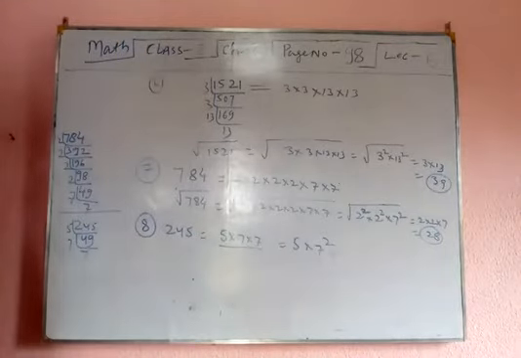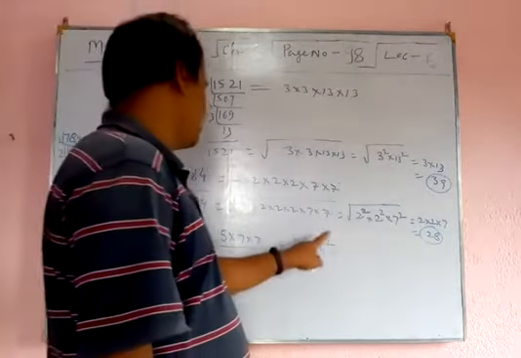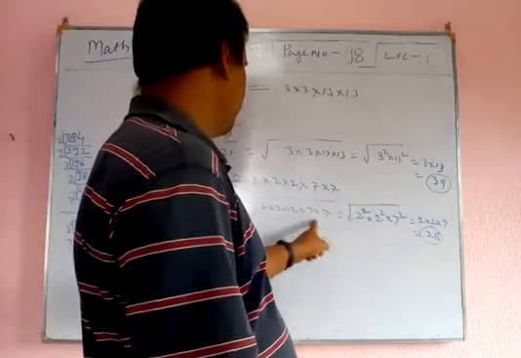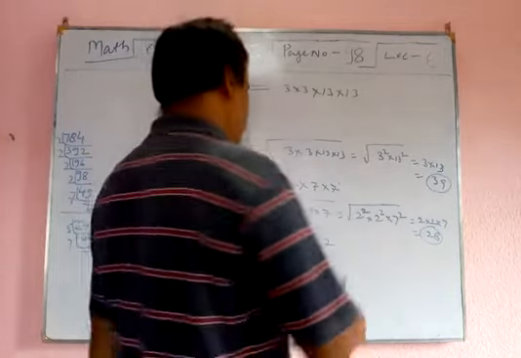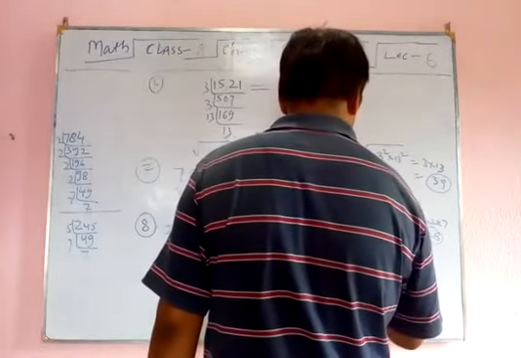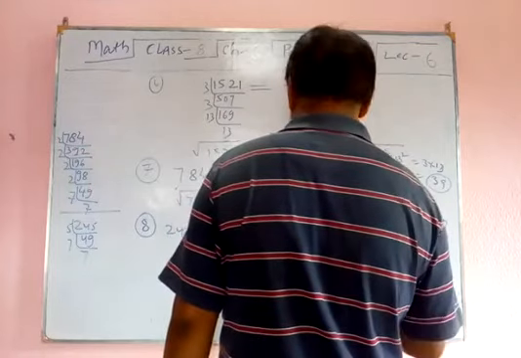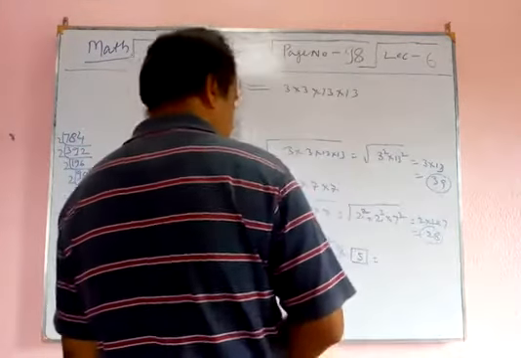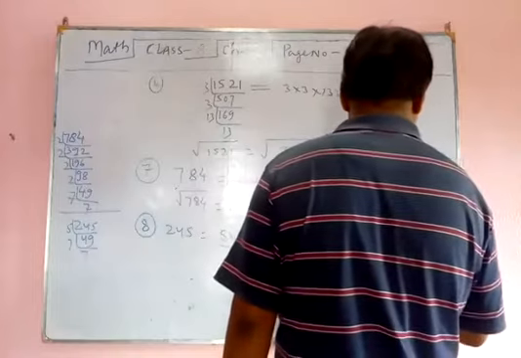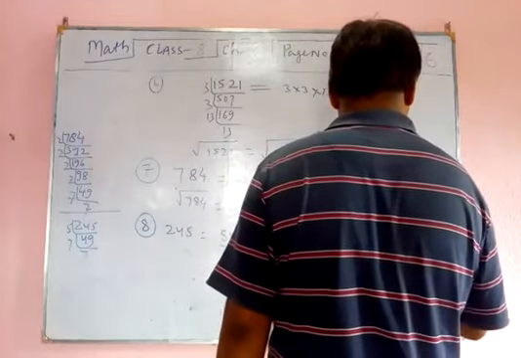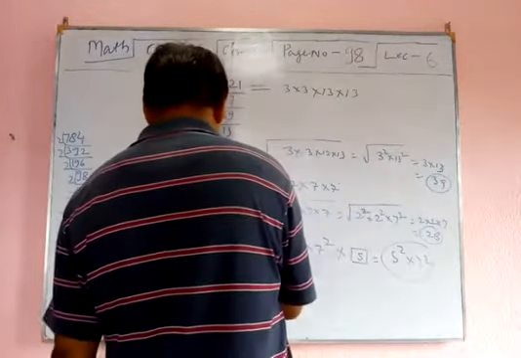So what makes this set of multiplication paired? If we multiply by the 5, this will be equal to 5 square and 7 square. So answer is 5.